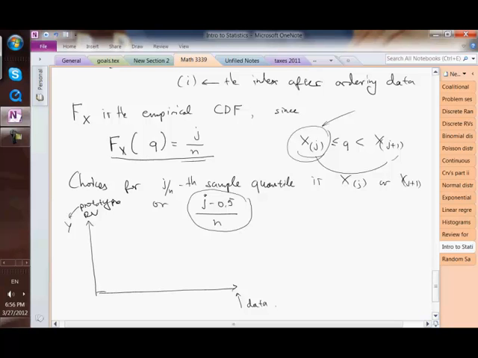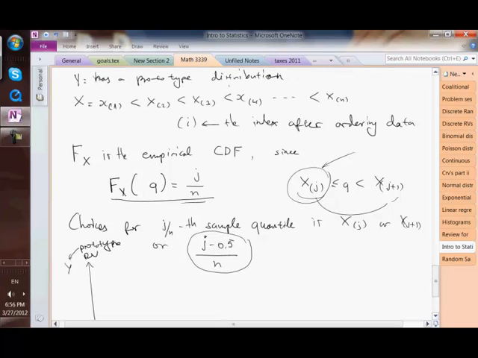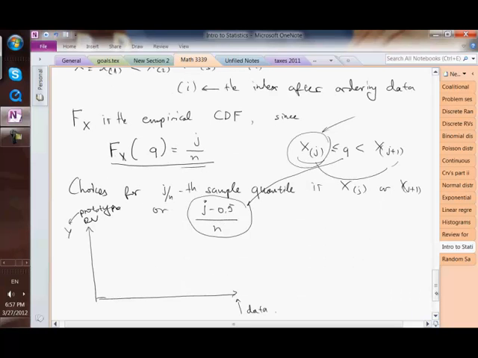Okay, so since we are able to pick any number between any numbers, the quantile is the jth over nth sample quantile. We call it sample because it comes from the empirical distribution. In particular, we choose this value, j minus 0.5 divided by n. This is the quantile, and you will see why we do this.